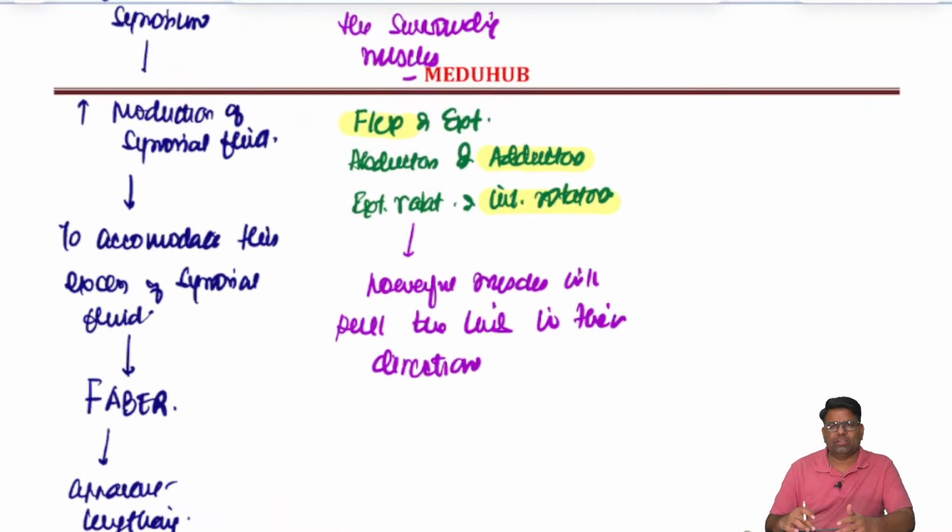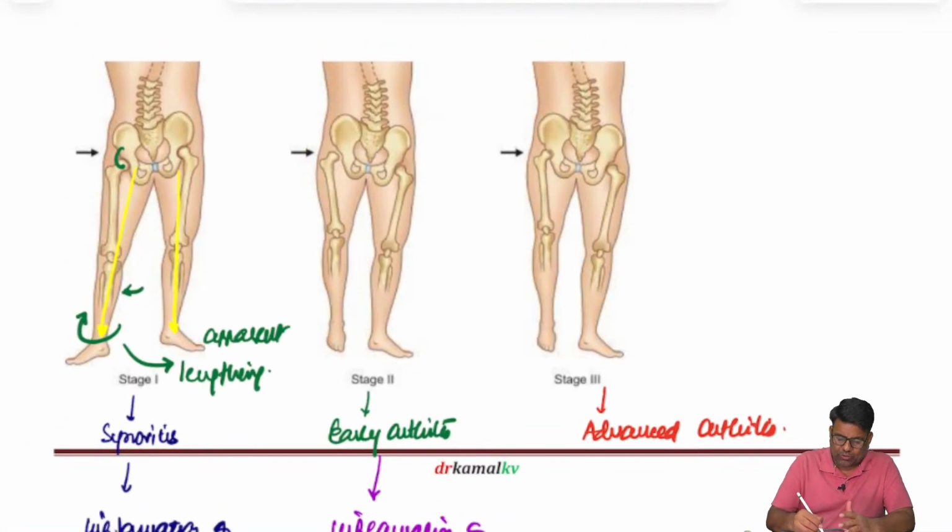So flexors, adductors and internal rotators are powerful, so the attitude will become FADIR, right? So the attitude will become FADIR. Now, as soon as there is FADIR, flexion, adduction, internal rotation.